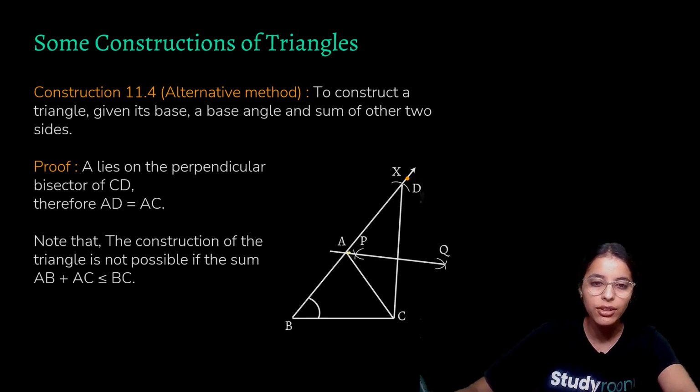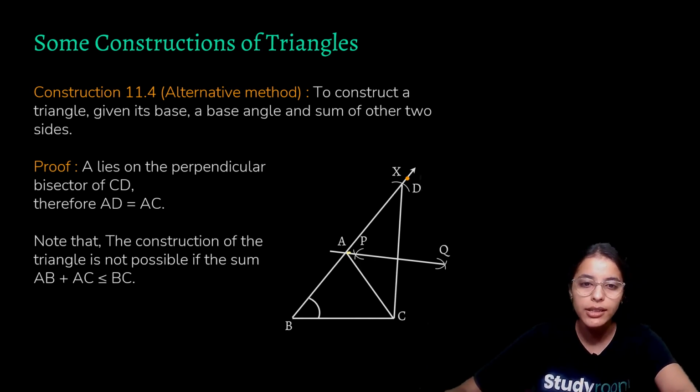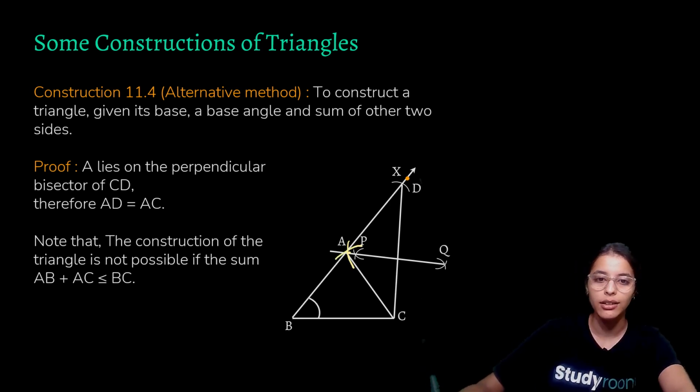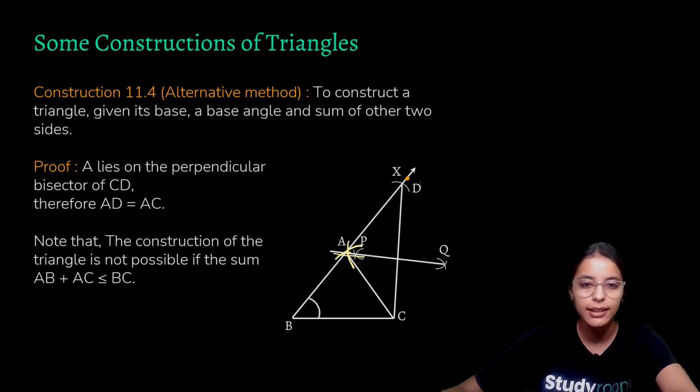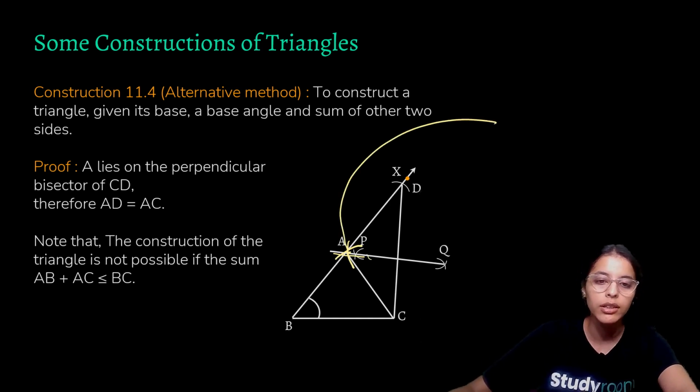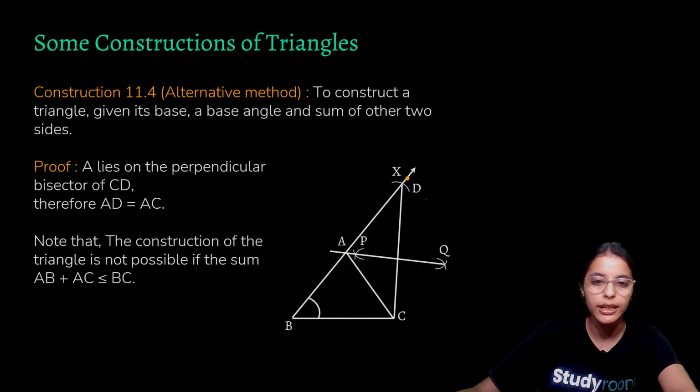Hence, since it lies on the perpendicular bisector, it must be at the same distance from D and C. So AC will be equal to AD, because they are radii of circles having the same radius.